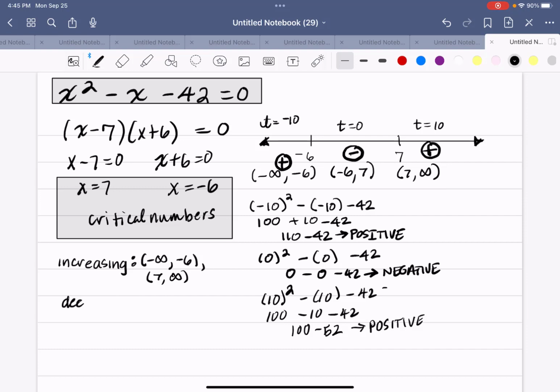It's decreasing on that interval where it is negative, so it's decreasing from negative 6 to 7. And don't forget, you're always using parentheses or open intervals when you describe increasing and decreasing.